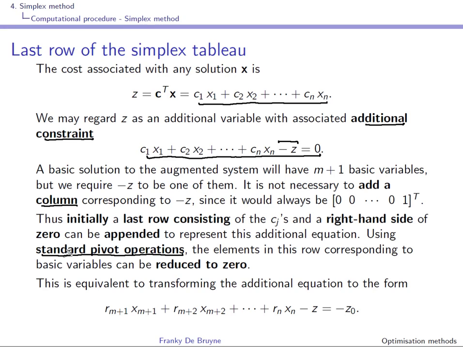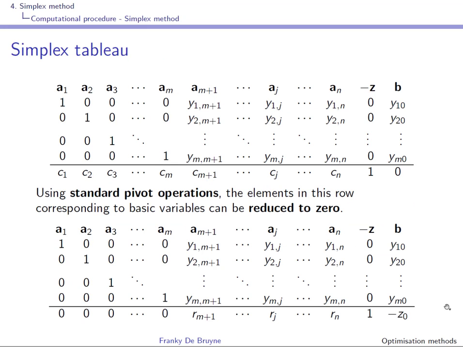This will lead to this simplex tableau with associated costs in canonical form, and the last equation will then become like this one, but this is best explained by looking at tableaus.